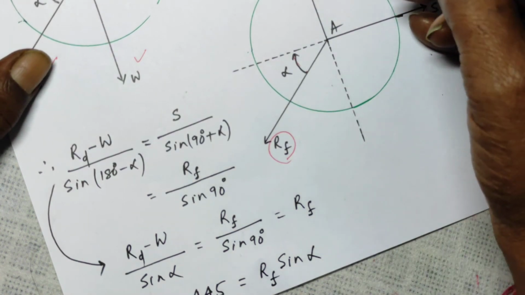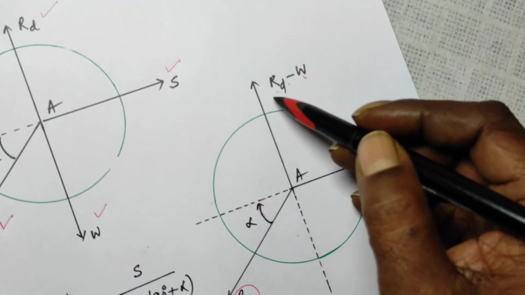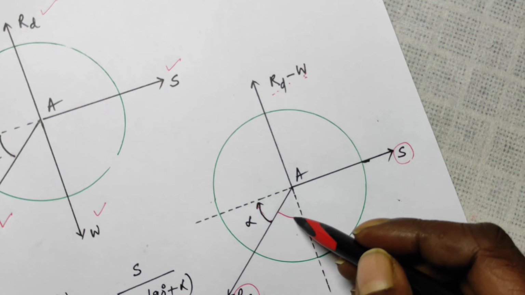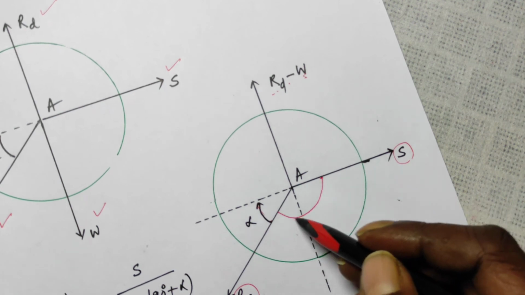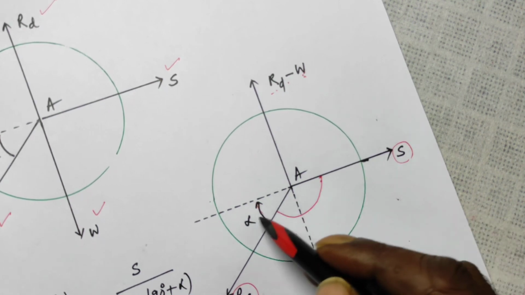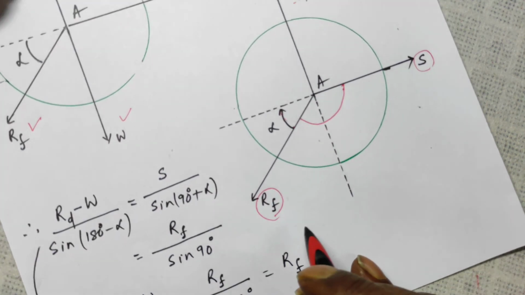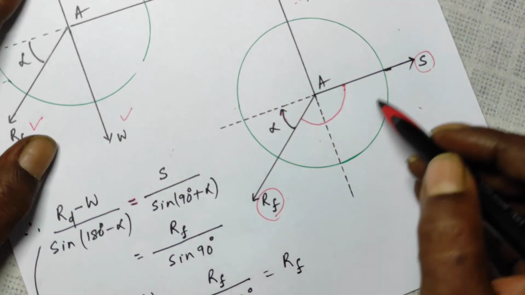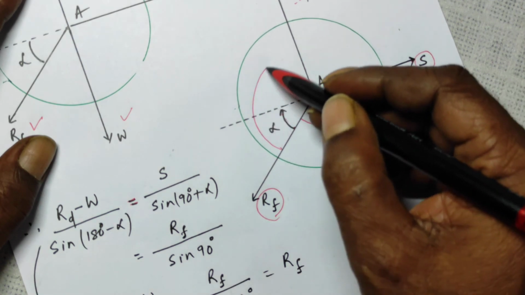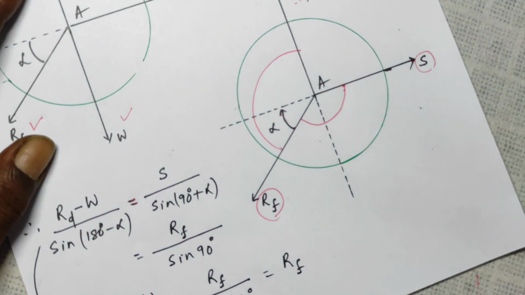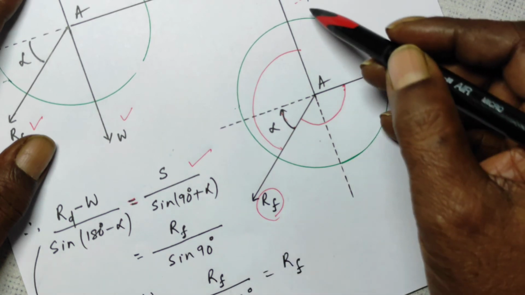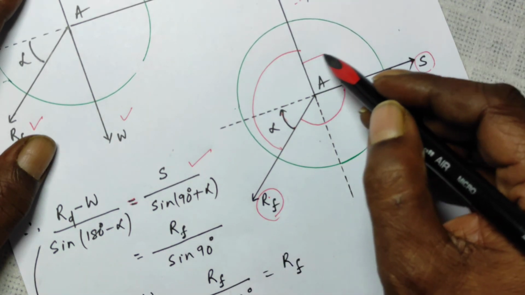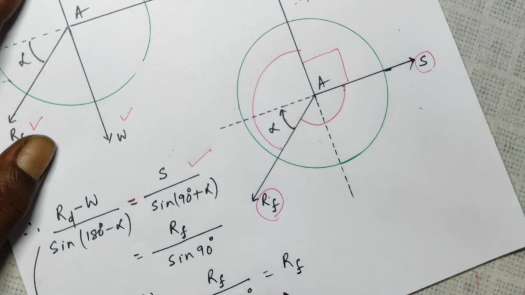That is RD minus W over sine of this angle, and this angle is equal to 180 minus alpha. So RD minus W over sine 180 minus alpha is equal to S over sine of this angle, sine 90 plus alpha, then RF over sine of this angle, that is 90.